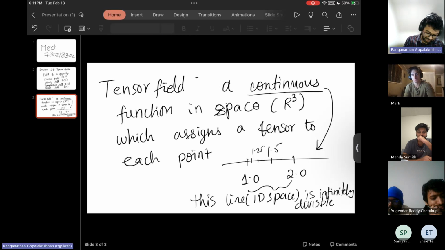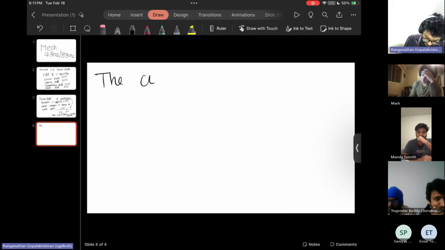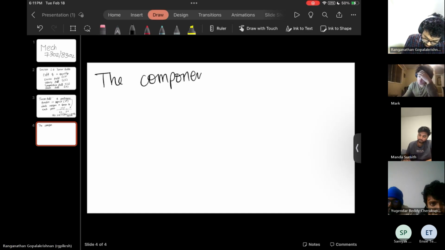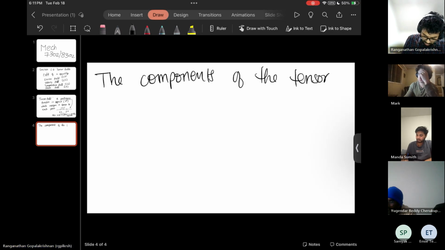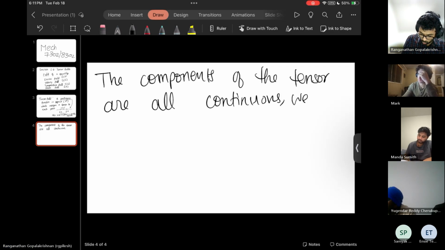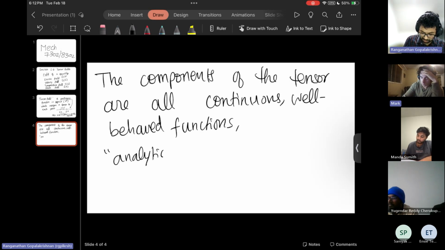So we are going to say this tensor field, the components of the tensor are all continuous, well-behaved functions, and usually in mathematical terms that is called analytic functions. Analytic means it is continuous and differentiable.